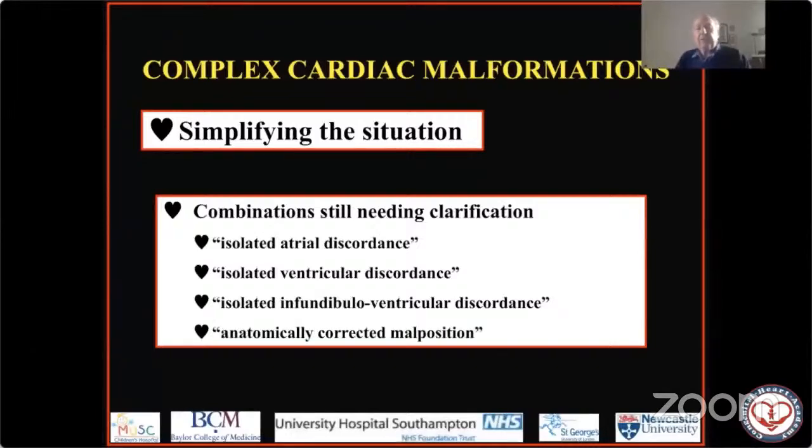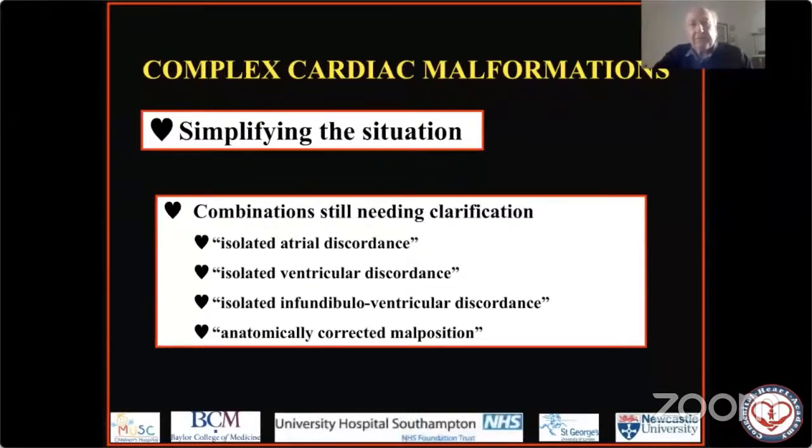But what we are going to concentrate upon is that set of hearts which Richard likes to call anatomically corrected malposition. Now, we have spent some time thinking about these in the past because previously this particular set was called anatomically corrected transposition. And this is the set we're going to concentrate upon during the remainder of today's discussions.